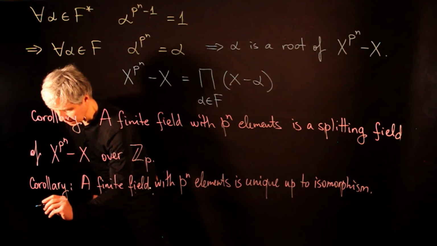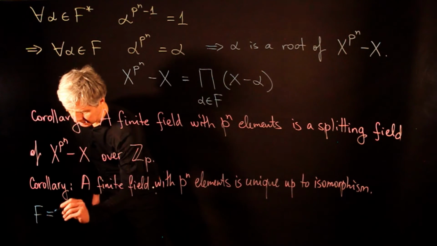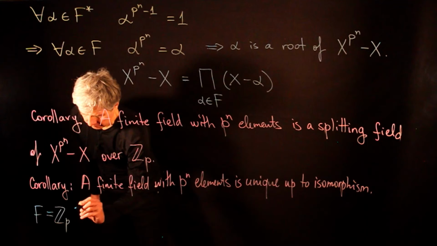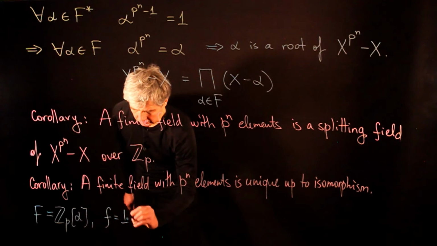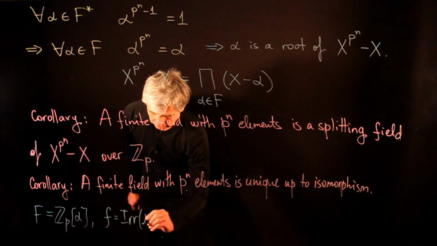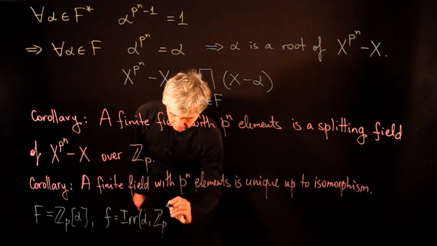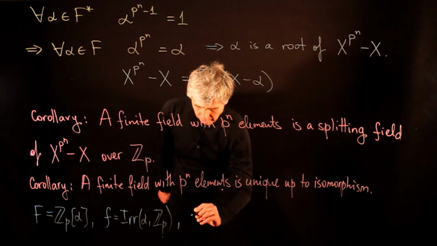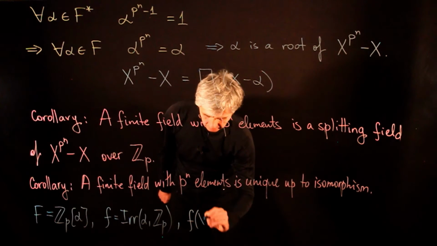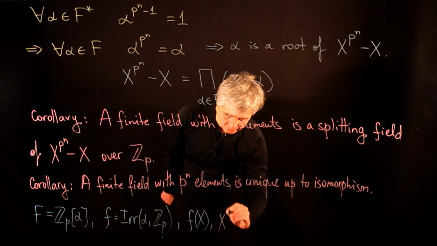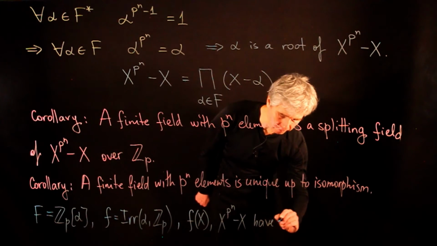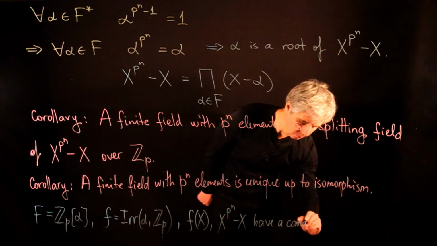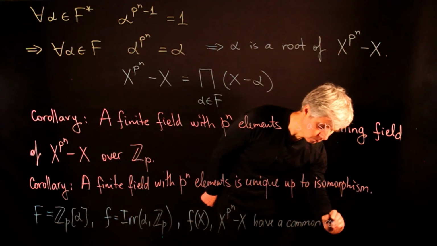Consider our previous construction of F as Zp of alpha, where little f is the minimal polynomial of alpha. Then we see that polynomials f of x and x to the p to the n minus x have a common root alpha.